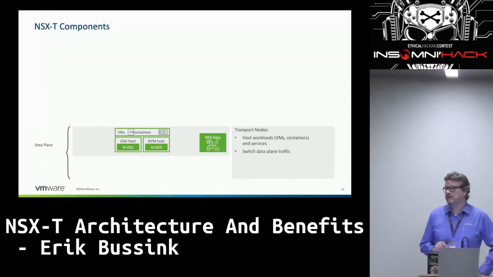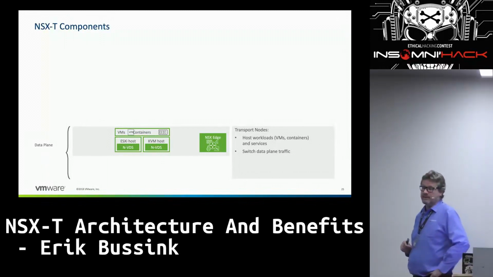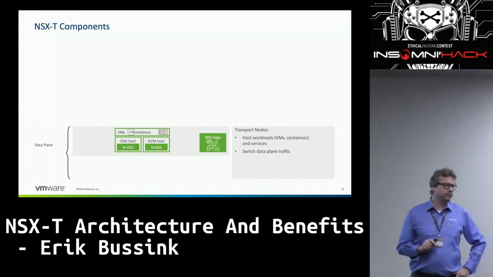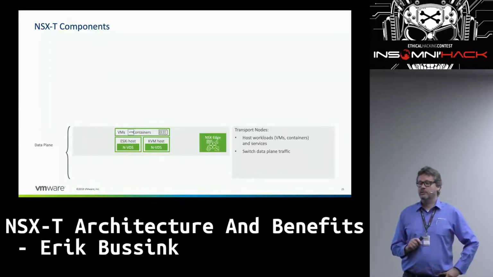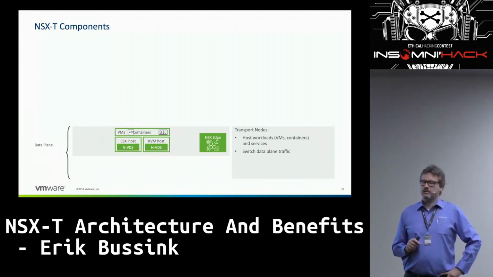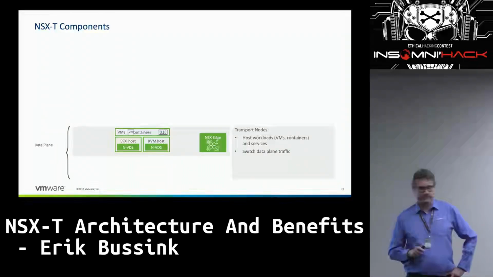These edges exist in two formats. You can either have them as a virtual machine, or if you need performance and high convergence in case of issues or network issues, you can also have them as a bare metal server.